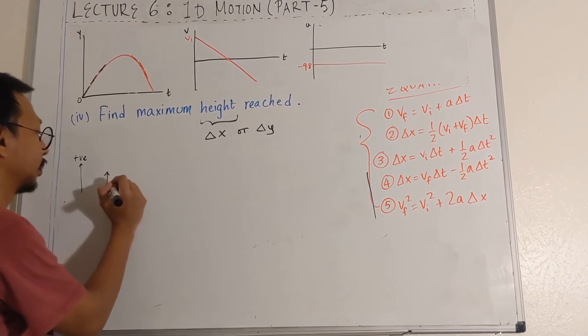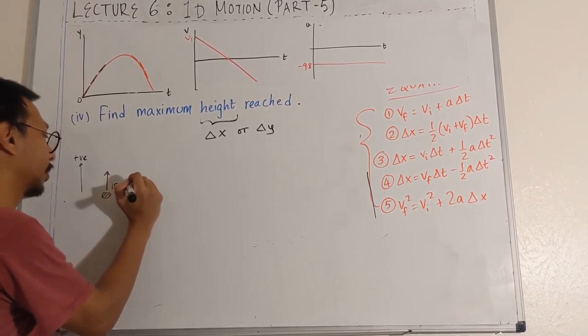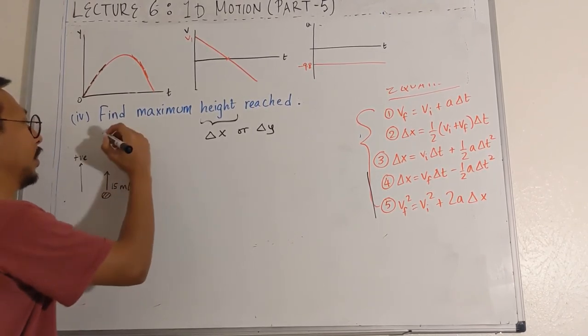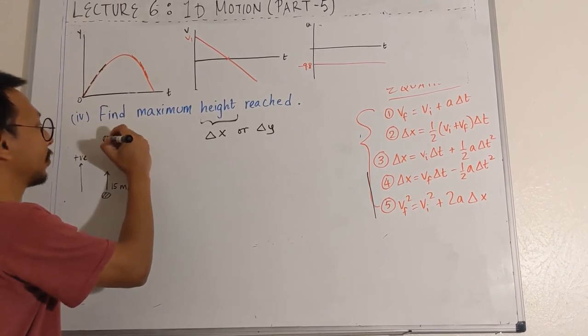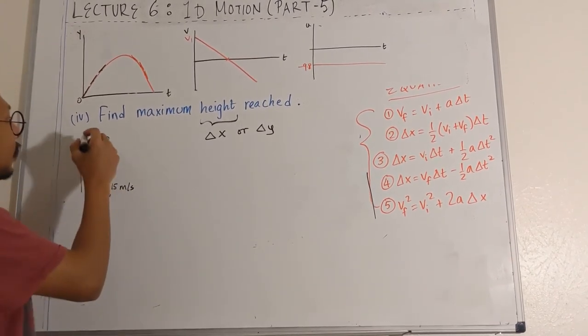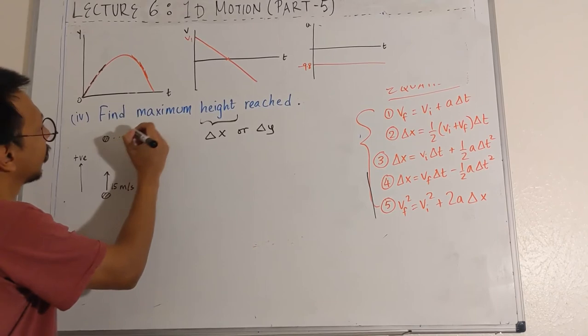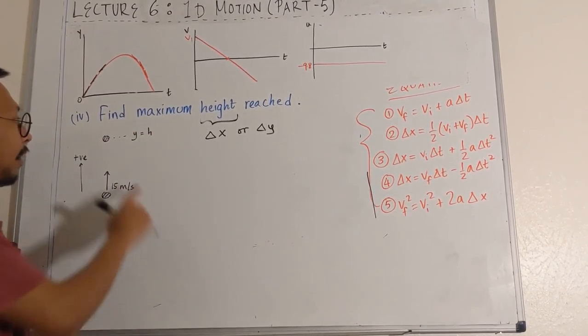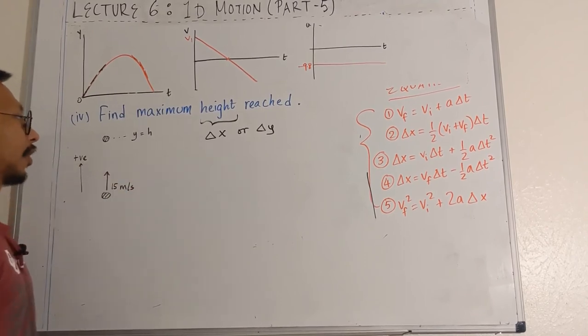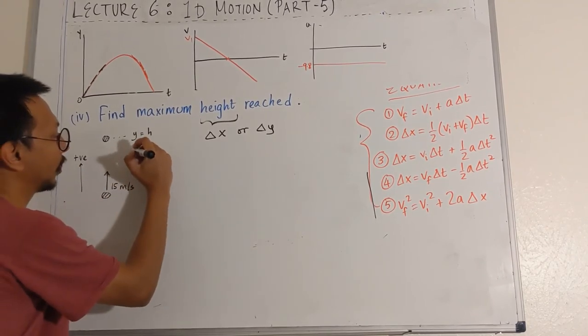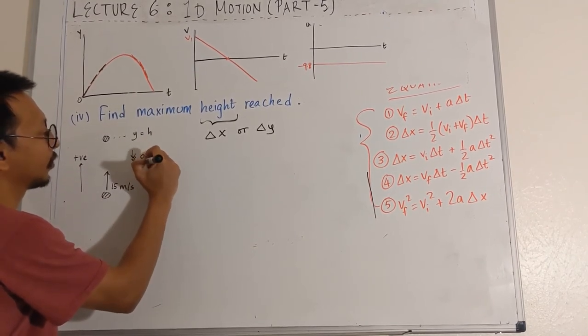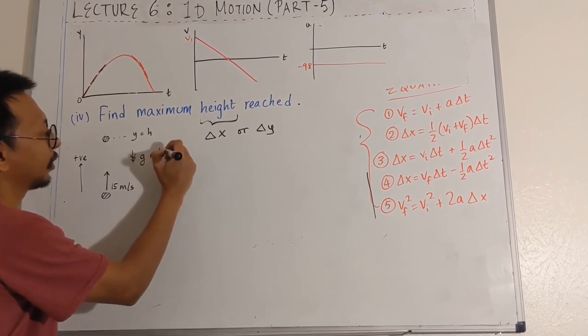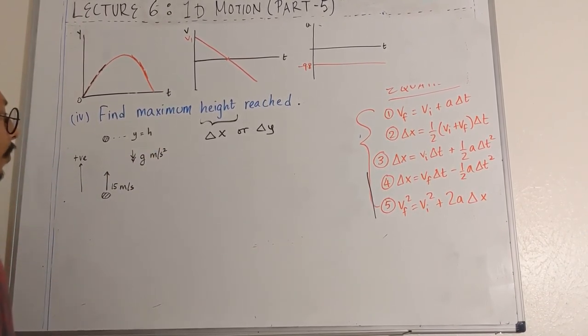Yes, 15 meters per second, and then it reaches a maximum height. Let's call it y equals h, before returning back to ground. And also we know that throughout its motion there is Earth's gravitational acceleration causing it to come back down.